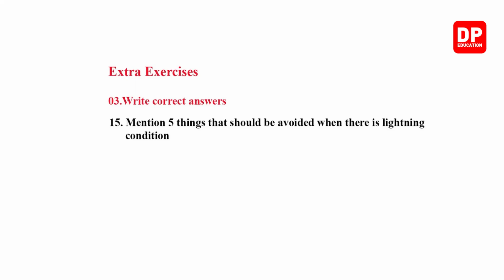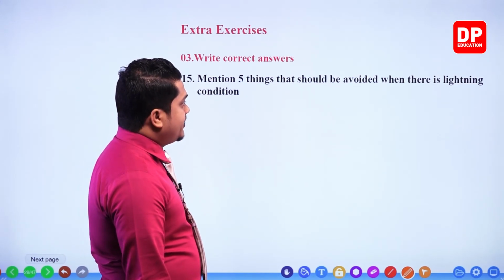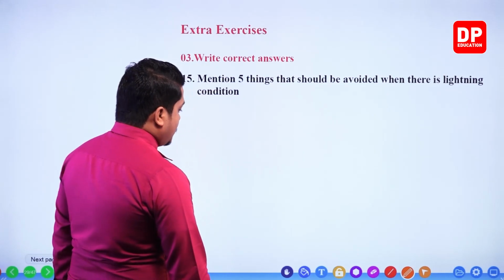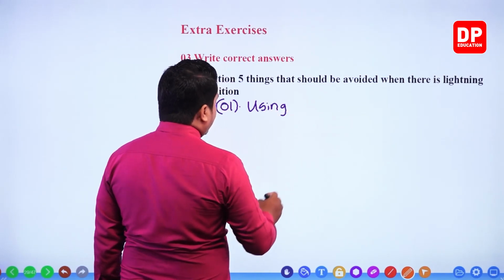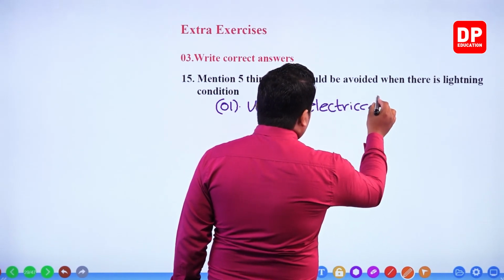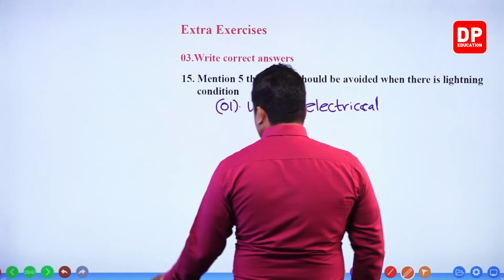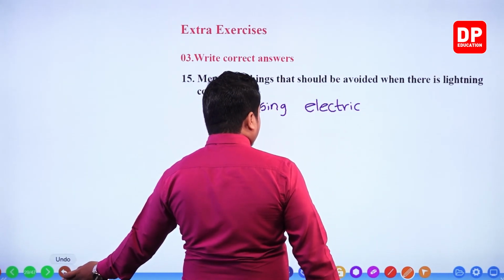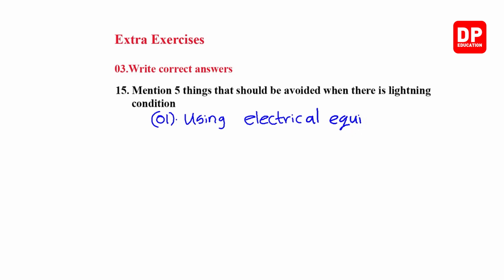Next one, mention 5 things that should be avoided when there is lightning condition. Number 1, using electrical equipments.